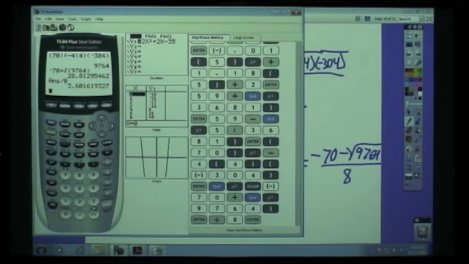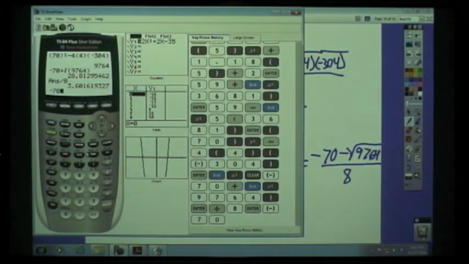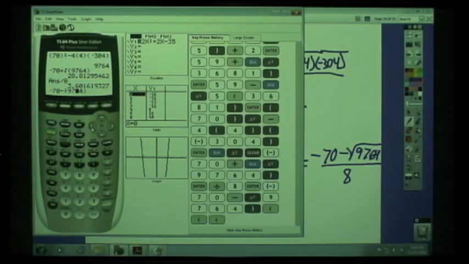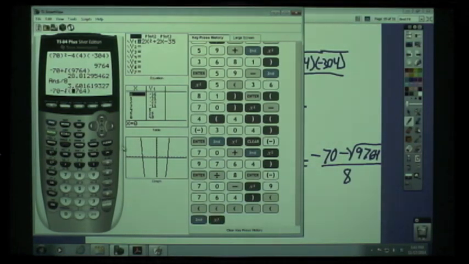The other one, you can still get the answer for it, even though it's not going to help me in the real life situation. I take negative 70 minus the square root of 9,764. And I don't know why that thing is not going to take the square root for me. Let's try that again. There we go.